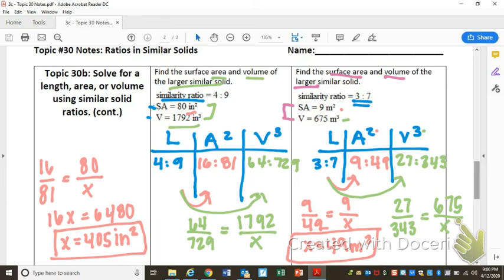We're going to cross multiply, so we get 27x is equal to 231,525. You're going to divide by 27 on both sides, and you're going to get 8,575. And our units are going to be meters cubed. And that is going to be your volume.